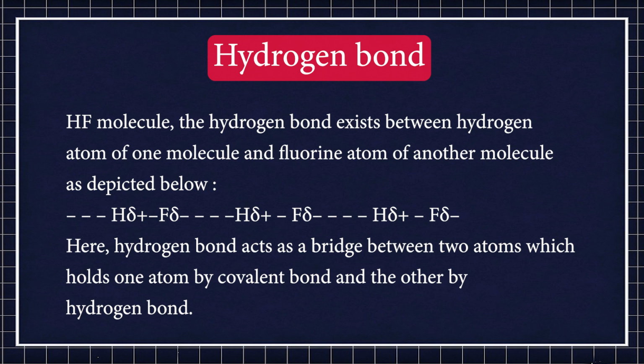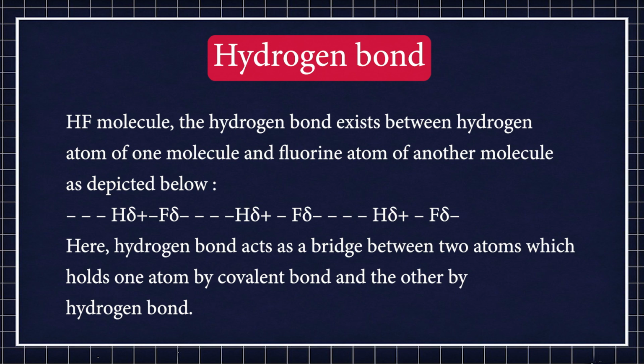This bond is known as hydrogen bond. It is weaker than the covalent bond. For example, in HF molecule, the hydrogen bond exists between hydrogen atom of one molecule and fluorine atom of another molecule as depicted in the slide.